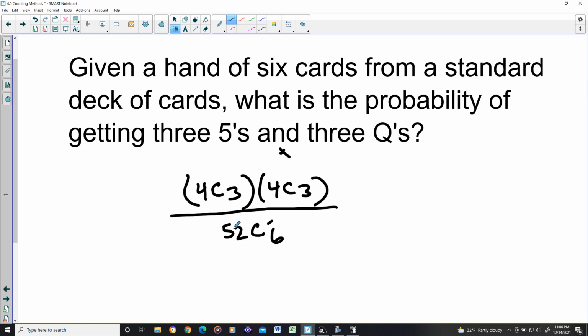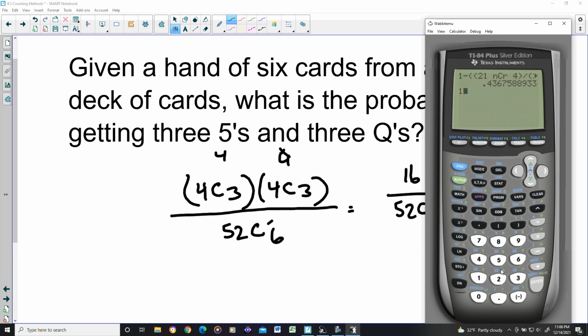As you can imagine, this is going to be a very low number. Now, in this case, 4 choose 3 happens to be 4, which makes sense because if you're getting 3 fives, then there's only 1 five that's left out, and you have 4 choices for which five gets left out. So really, this is 4, that's 4. So it ends up being 16 over 52 choose 6.